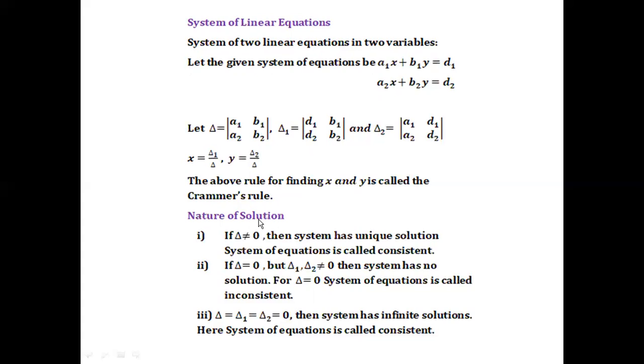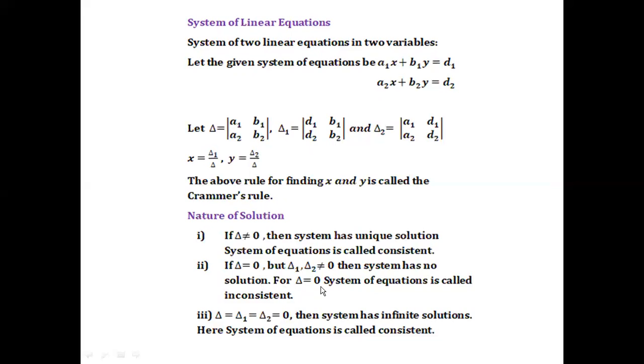Now, nature of solution. First, if delta is not equal to 0, that is, the value of this determinant is not 0, then the system has a unique solution. The system of equations is called consistent. Second, if delta equals 0 but delta 1, delta 2 are not 0, then the system has no solution.